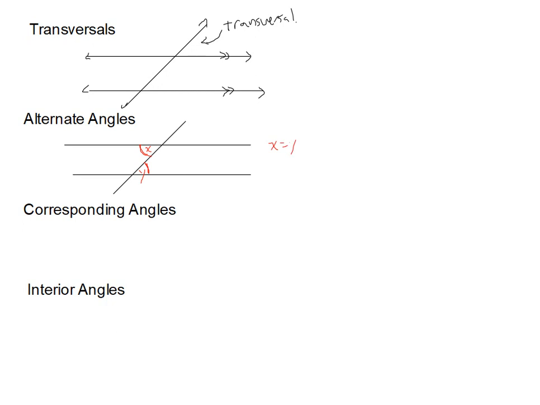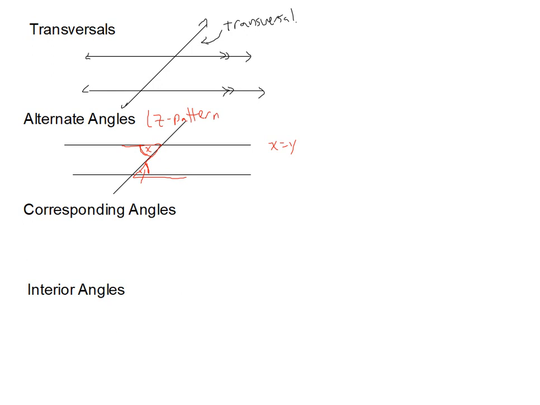We have another name for this theorem. We often call it a Z pattern because if you trace it out between the parallel lines, down the transversal to the next parallel line, we get a nice looking Z. It doesn't matter if our Z is sideways, backwards, or upside down, but we typically call this a Z pattern.